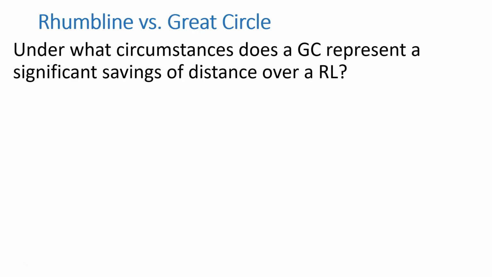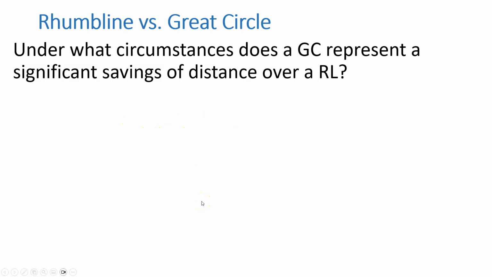Now, Rhumb line versus great circle. Under what circumstances does a great circle represent significant savings of distance over a Rhumb line? Remember, a Rhumb line is pretty easy. You just start from A, go to B, snap a straight line. But the great circle, you have to do that on a gnomonic chart. You have to pluck off those positions and then transfer them to a Mercator.